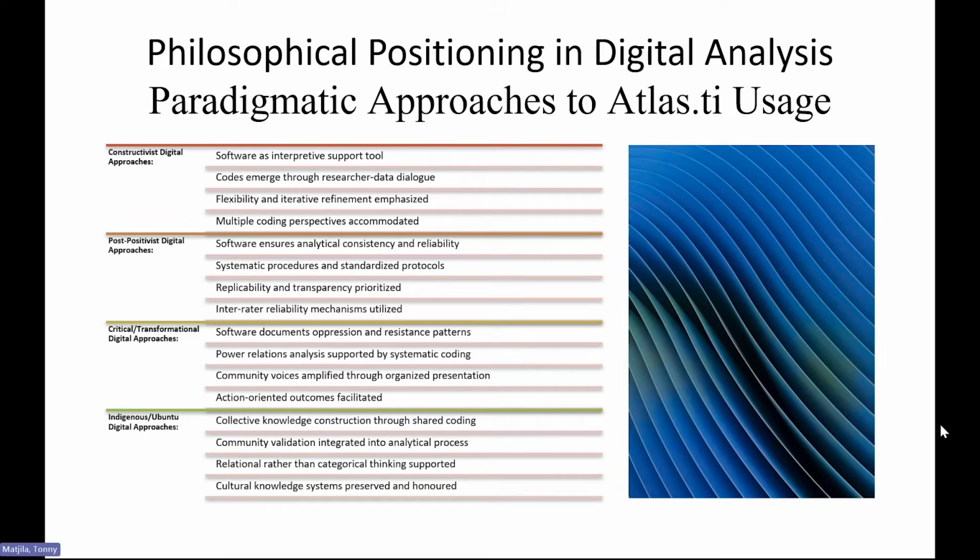So validating interpretations will need you to go and consult the community again and again. So you can see that these different approaches use the same software, but with different philosophical intentions and methodological procedures.